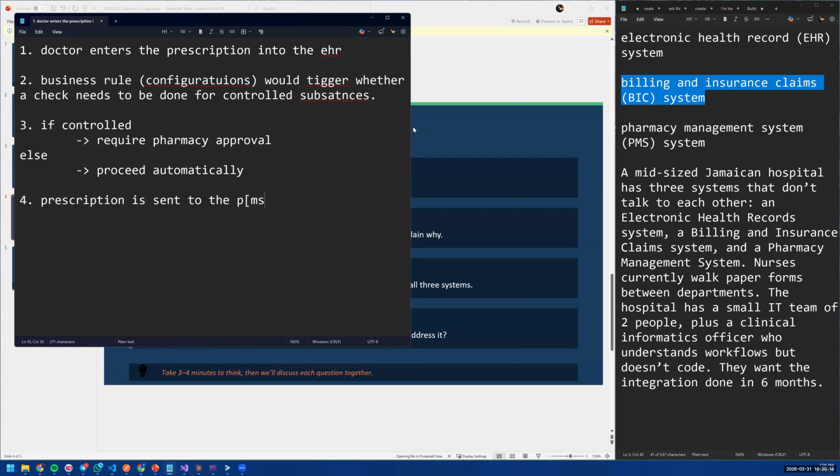Pharmacy management system. Yeah. And I guess what I want to say here is when it's sent to the pharmacy management system, what that would mean is the prescription will be prepared by the pharmacy.